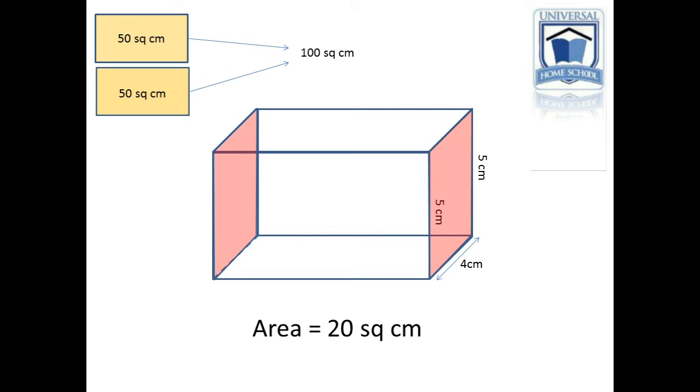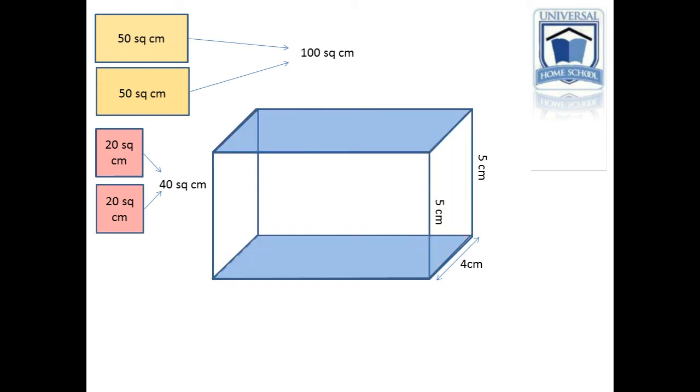And we know the other side is exactly the same, so we times that by 2. And the overall area of both side faces would be 40 square centimeters. And we'll record those up to the left here. So again, I know what I've done. It's all organized.